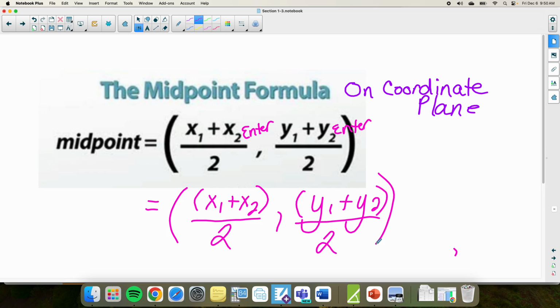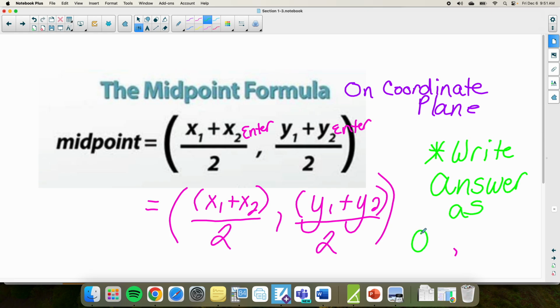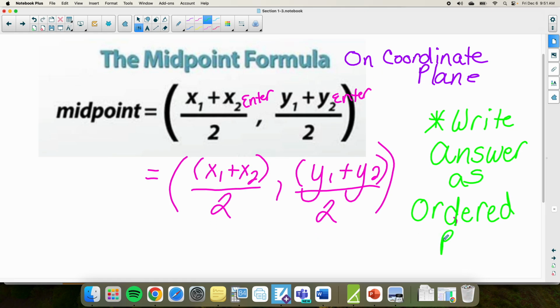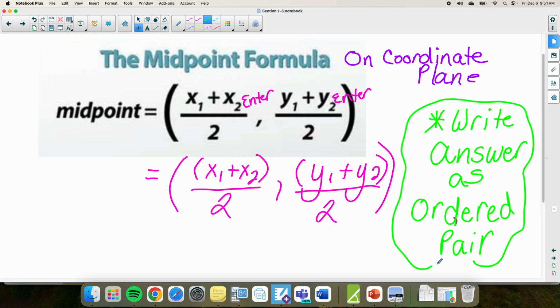And then you might want to write off to the side that you're going to write your answer as an ordered pair. So that's our second formula that we're doing.